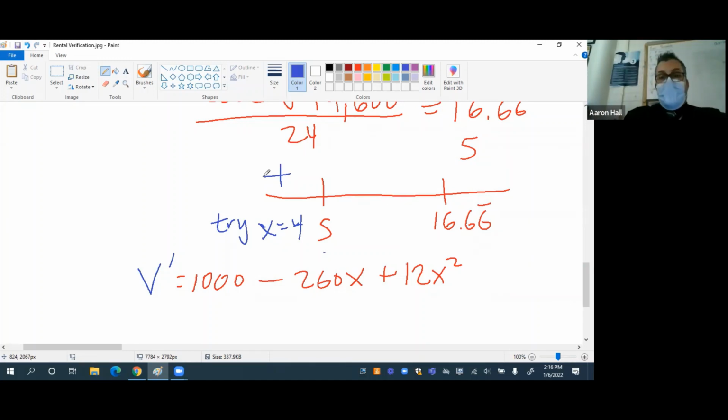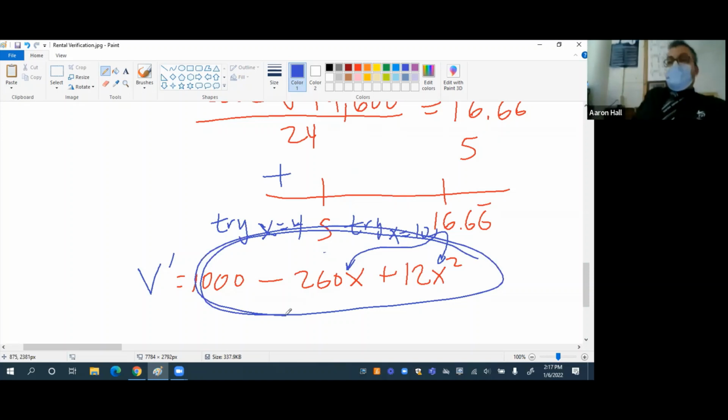Okay. What about for this interval here? Okay, let's try x equals 10. I'm going to plug that into here and here. And the question is, does all of this stay positive or does it become negative?